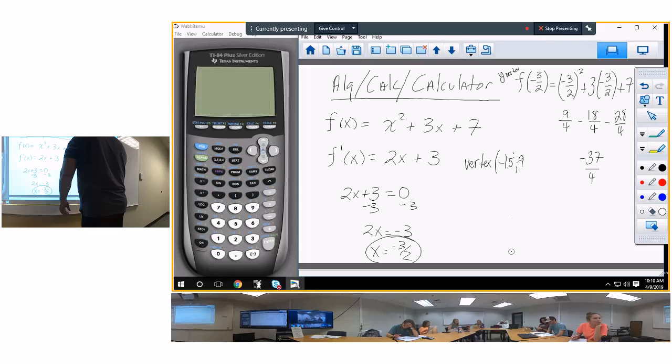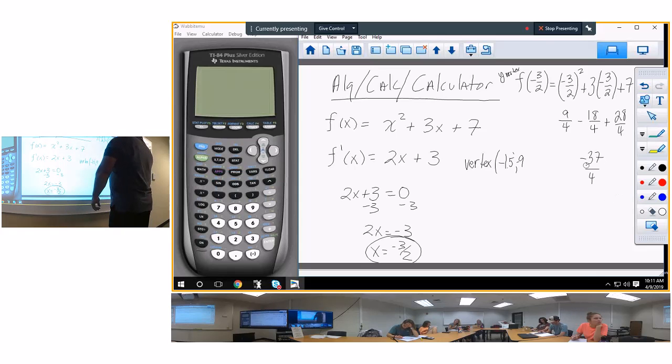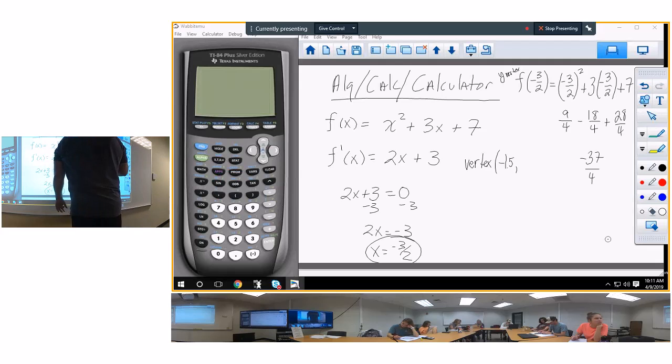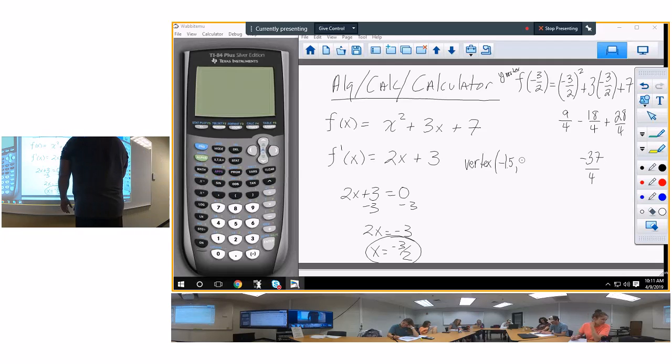Oh, that's supposed to be a plus. So 9/4 minus 18/4 is negative 9 plus 28, so 19/4. That was my bad, I put a negative. Is it 19/4? And what's 19/4? It's 4 and 3/4. Yes, sir.